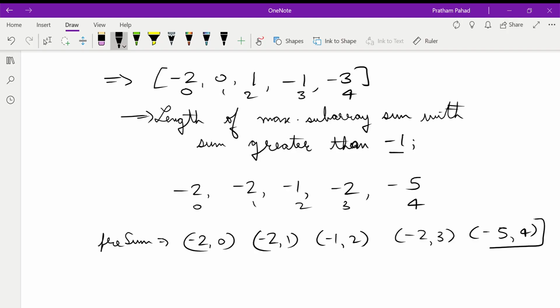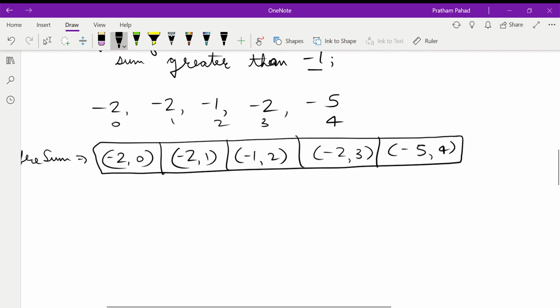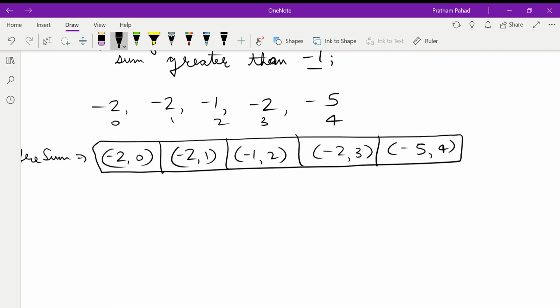We'll store the index along with the prefix sum. And now we'll sort this array, so that we can get the minimum index out of which we are getting a value greater than -1. 0, 1, 2, 3, 4. If I sort this array based on my sum, it will be -5, 4. Then -2, 0. Then -2, 1.